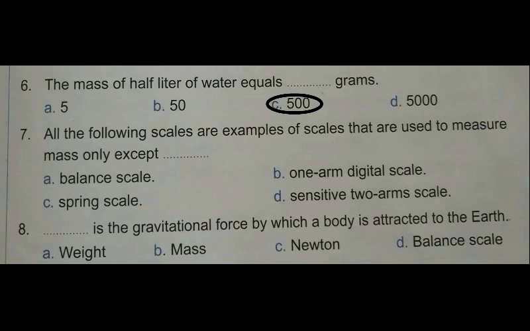A balance scale مظبوط، دي بتقيس الماس. B one arm digital scale مظبوطة. C spring scale. spring scale هو الميزان الزنبركي. ميزان الزنبركي ده مش بيقيس ماس، ده بيقيس weight. يبقى ايه؟ هشيل دي. sensitive two arms scale دي بتقيس الماس.